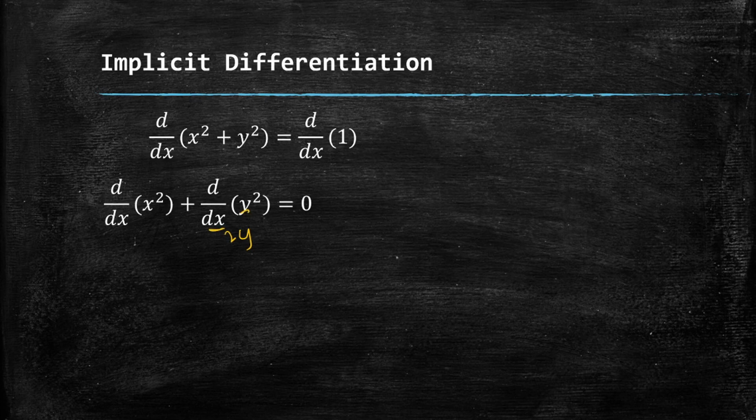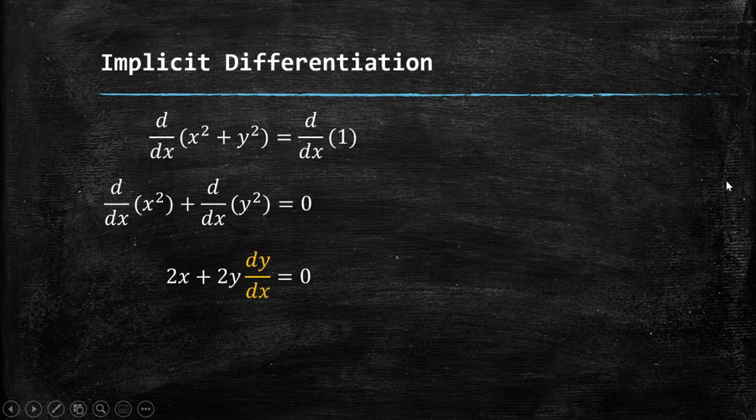We have x and y in this scenario. So we need to get the derivative of that variable with respect to x. That's why we'll have dy dx here. Again, the variables are not the same, that's why we'll get dy dx.